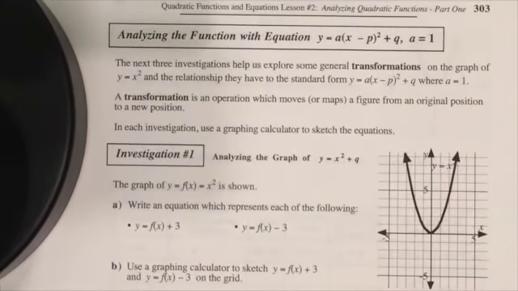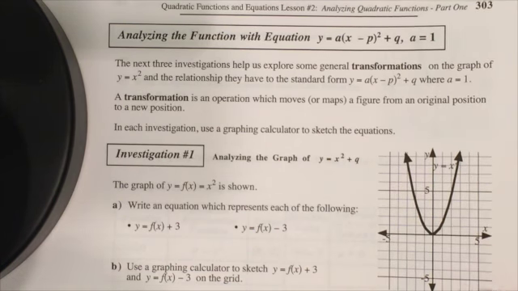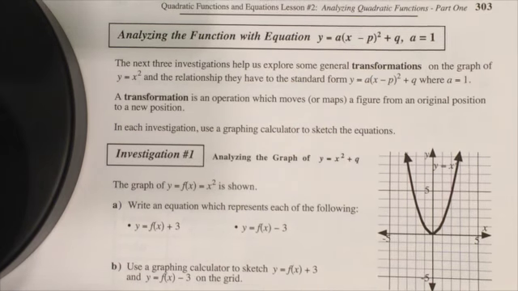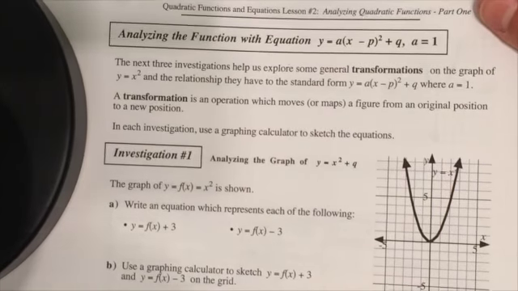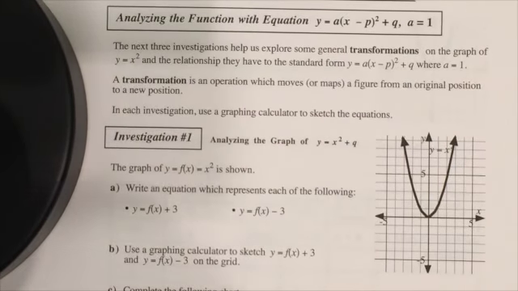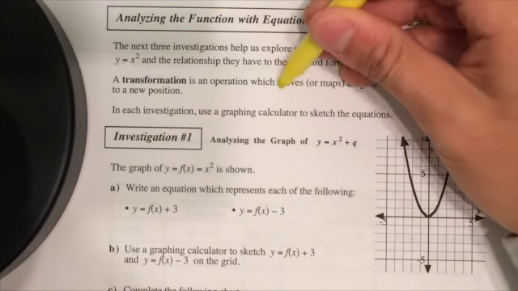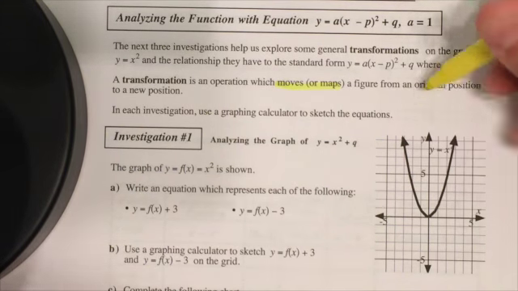Now, let's look at some other parameters that are going to influence what kind of shape our graph takes on. So these next three investigations are just going to help you explore what are called transformations. Now, a transformation is an operation which is going to move or map a figure from its original starting position to a new position.